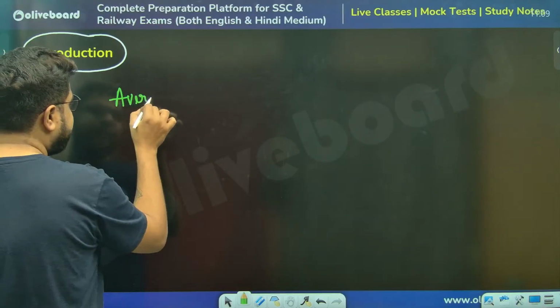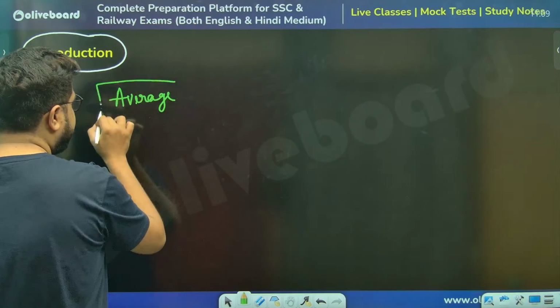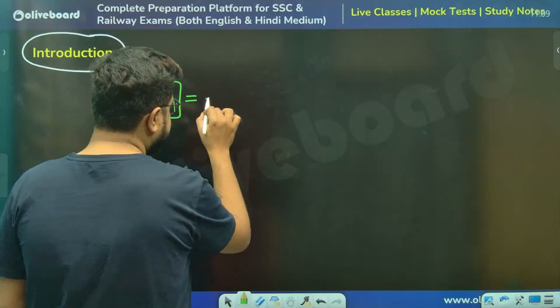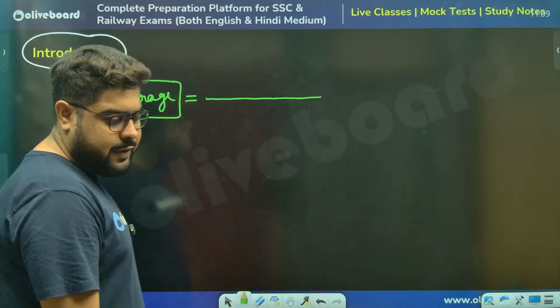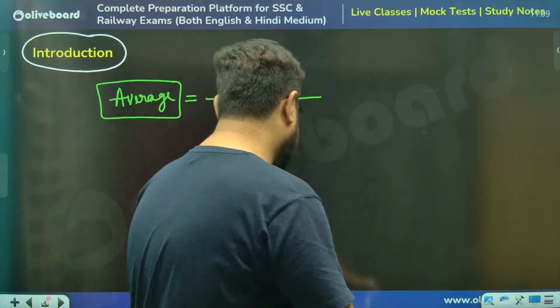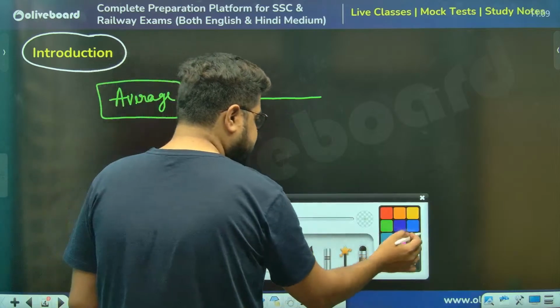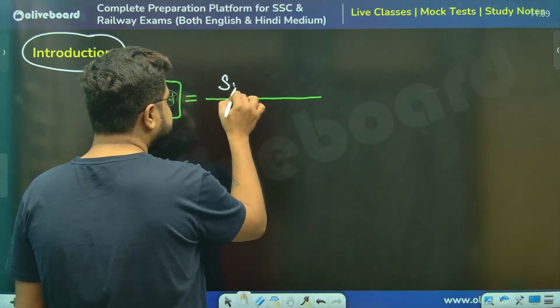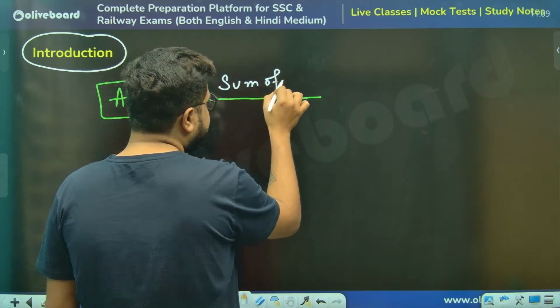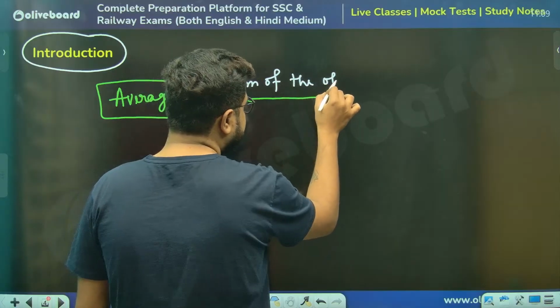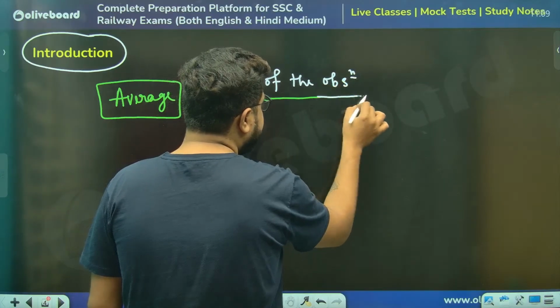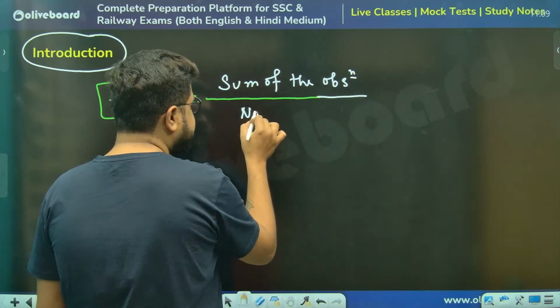What is the definition, sir? What is average? Average is defined as, we all know this, the sum of all the observations divided by the number of observations.